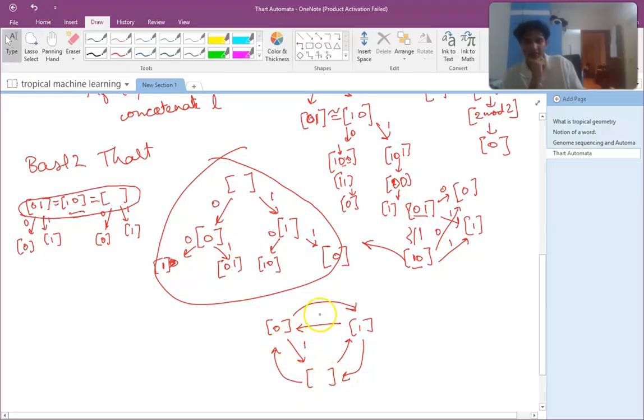The inner circle is all 1, 1, 1, and the outer circle is all 0, 0, 0. There's a symmetry, so you can just switch the outer circles for the inner circles. The only thing is the arrow directions are going to change.